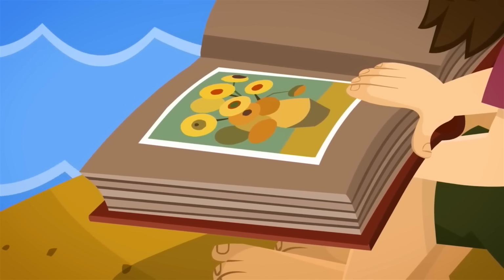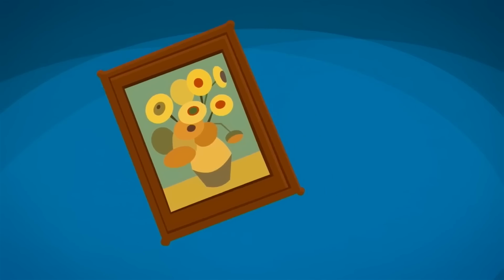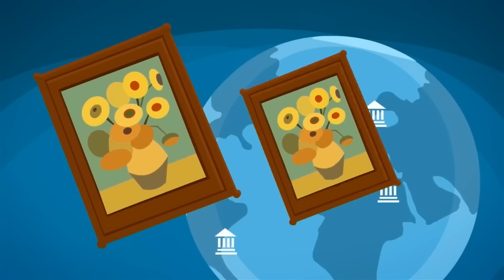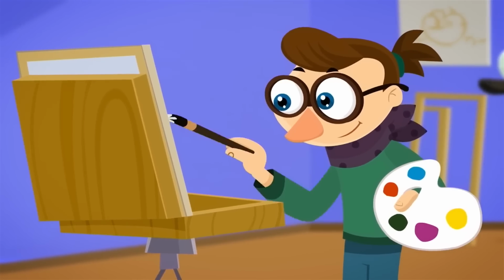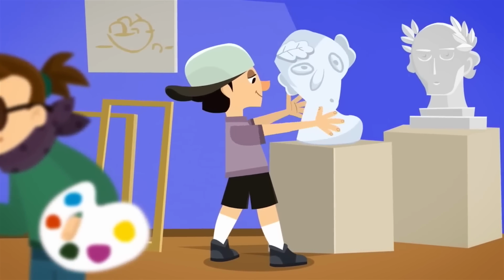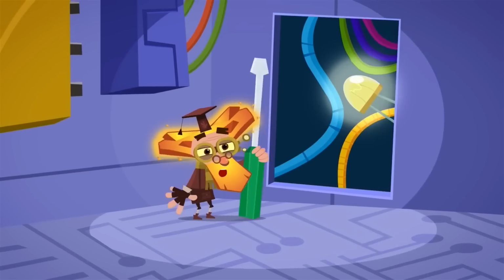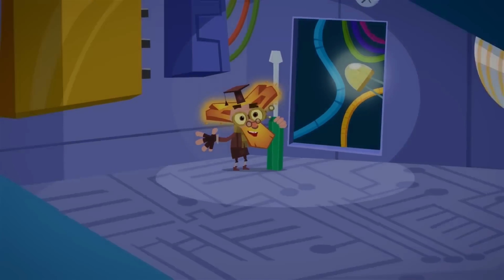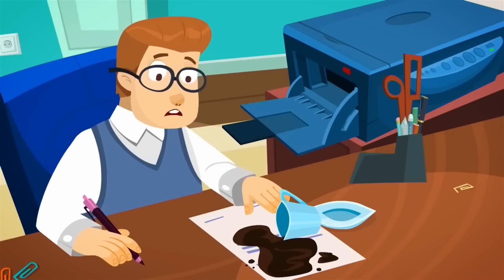Not everybody has the opportunity to enjoy seeing the paintings of the great masters. But thanks to copying technology, these pictures are well known all over the world. Young artists and sculptors can learn their craft by studying and copying the great artwork of the past. It's good to have copies of important documents, just in case. What if the original of a document happens to get destroyed?